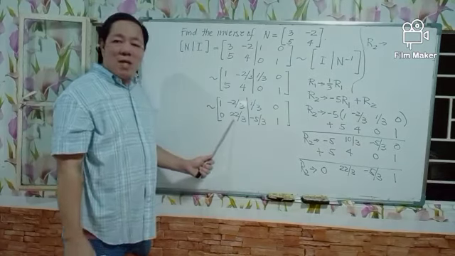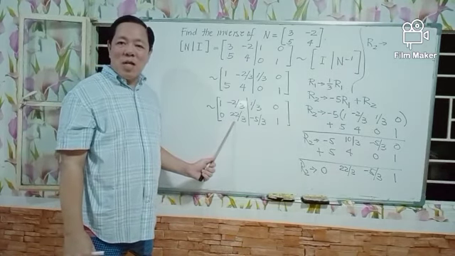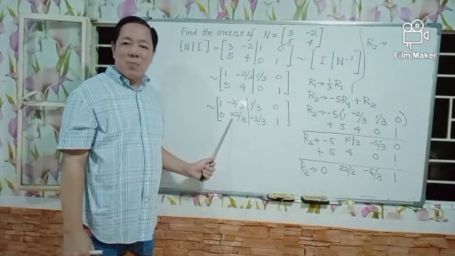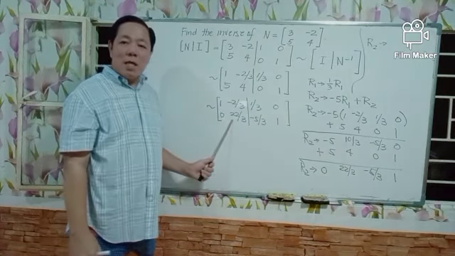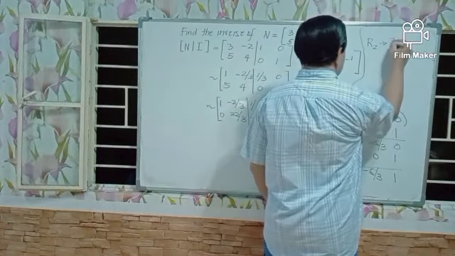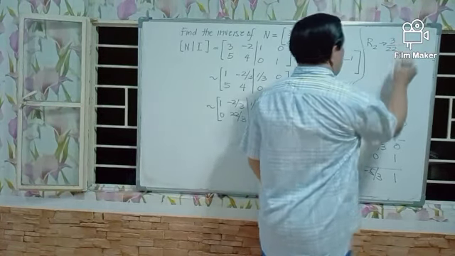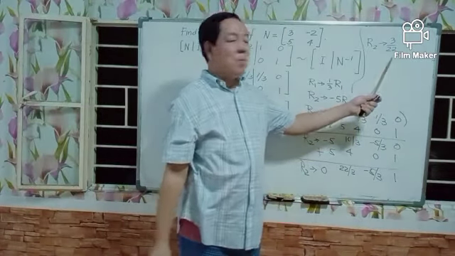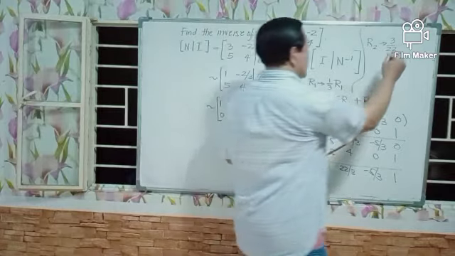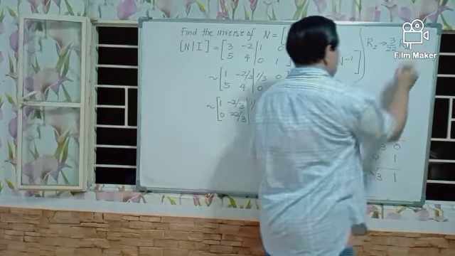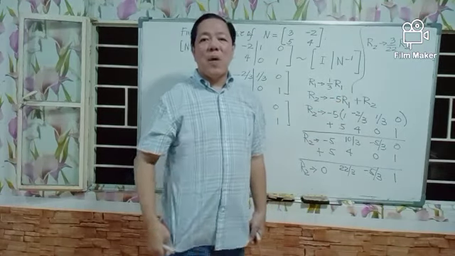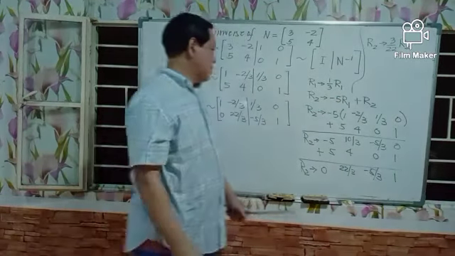So if we want to change this into 1, we simply multiply 22/3 by its reciprocal, which is 3/22. And 3/22 we multiply by the entries of row 2. Again, this is an example of the second type of elementary row operation.